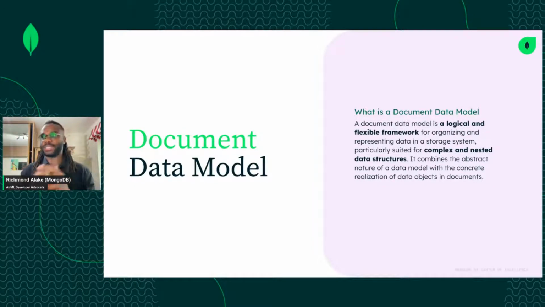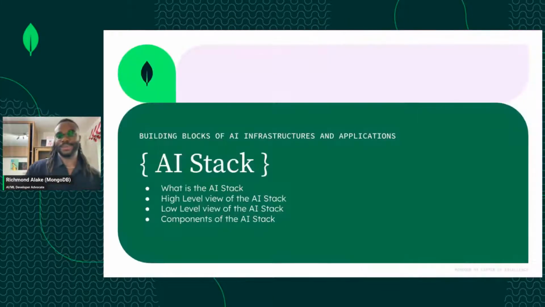And generally, data we could store with the document data model are JSON, like we've explained, BSON, like I've touched on, also XML. Generally, key value pair. You can also model graph data using the document data model as well. So it's very flexible but very powerful. So that is a very high level overview on how we store data in MongoDB.